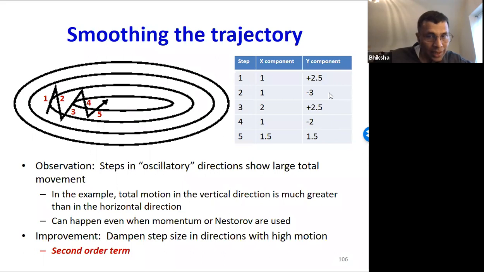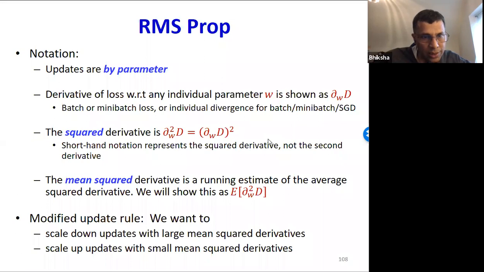I'd add those up and then take an average, and that gives me the second moment in the vertical direction. Here it's going to be 1 plus 1 plus 4 plus 1 plus 2.25. If I take the average of those, it gives me the total moment in the horizontal direction, and you will find immediately that the total moment in the vertical direction is a lot more than the total moment in the horizontal direction.